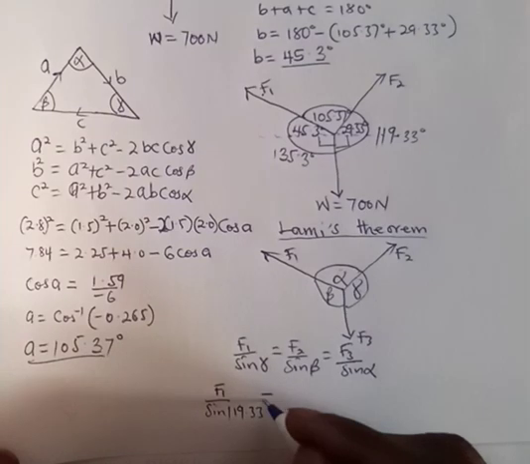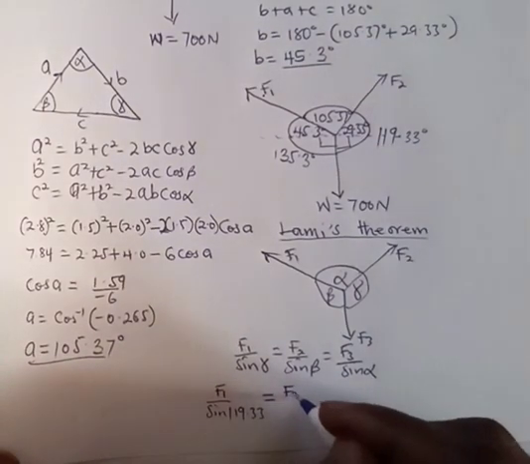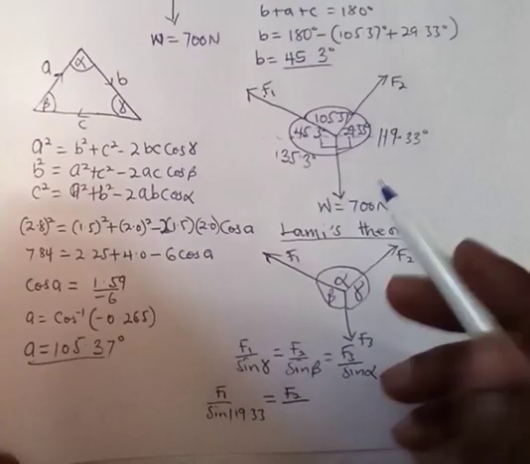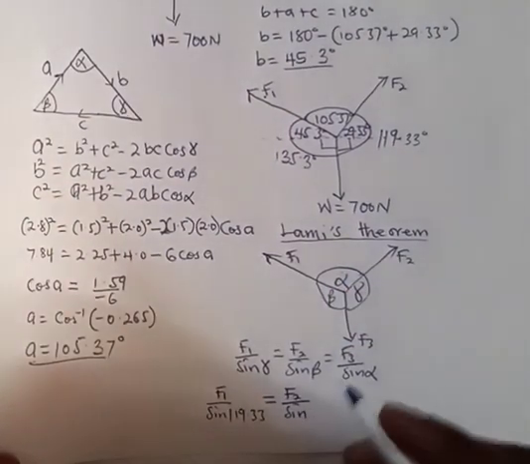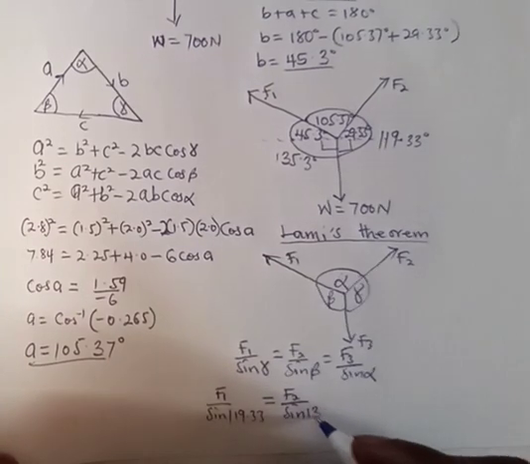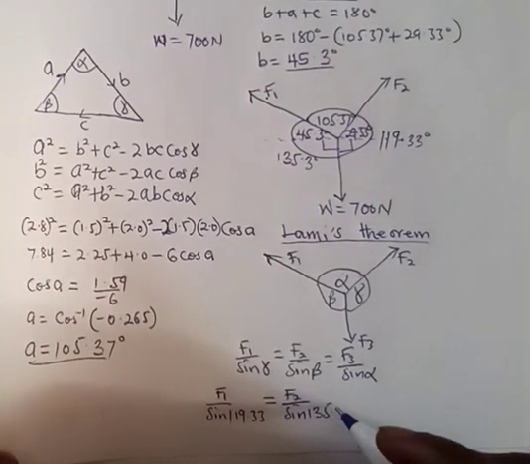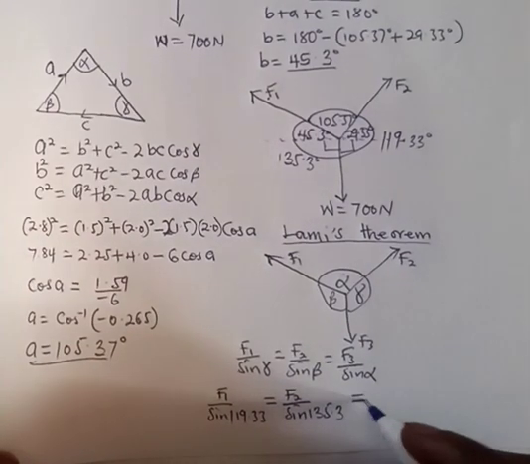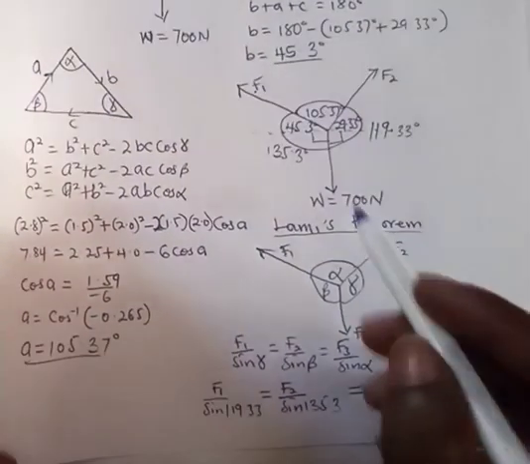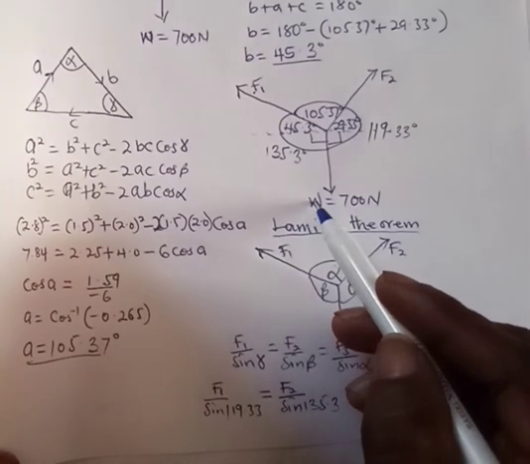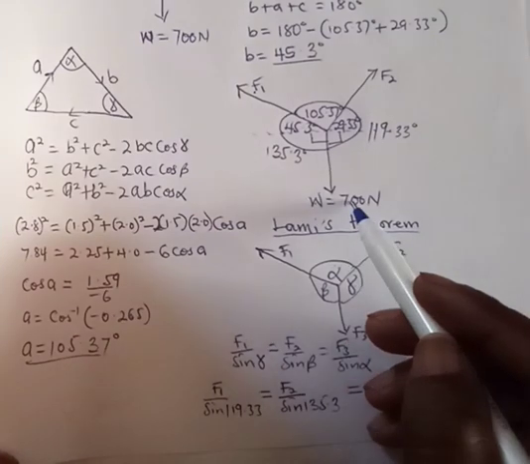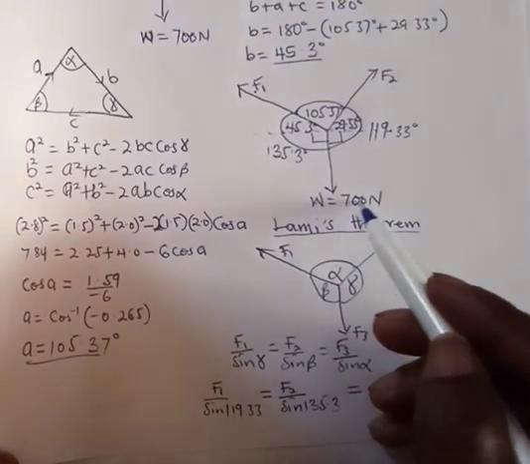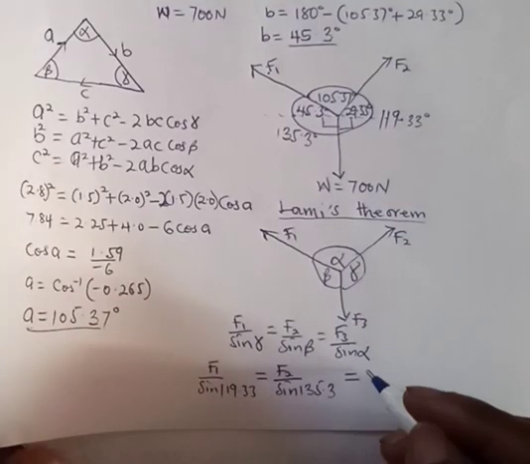119.33, which is equal to F2 divided by, so F2 is also opposite to this angle, so sine 135.3, which is also equal to, then this is our W. Have you gotten that? So this is our W, which is already 700 Newton.